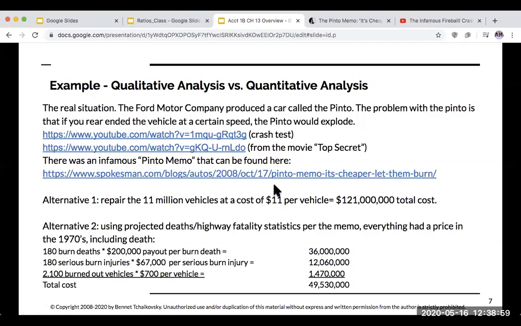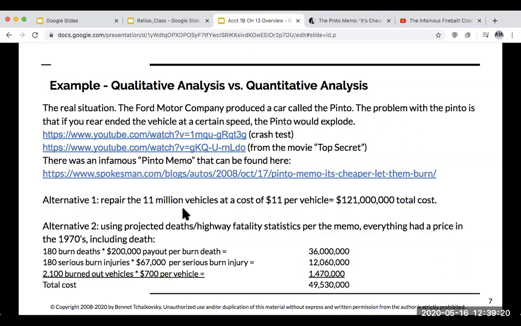So when the Ford Motor Company, what their huge failing was in this particular instance is they looked at the numbers exclusively. What the Ford Motor Company did not do was to take a step back from the situation and say, am I looking at this the right way?